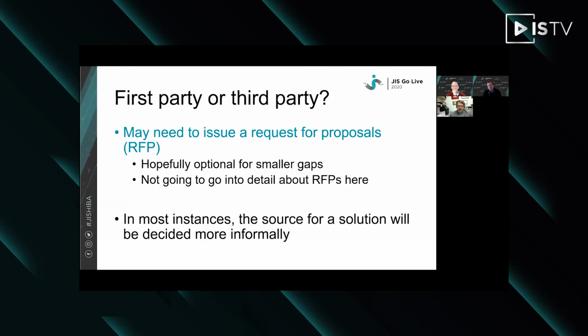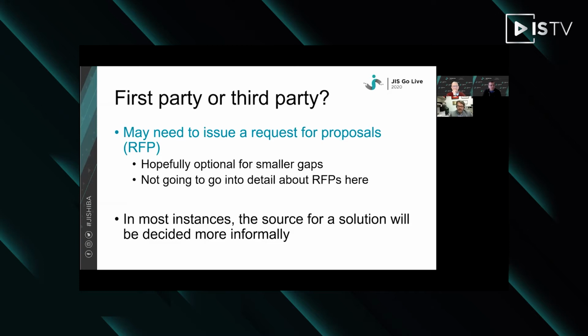So first party or third party, sometimes you have options to use either a first party solution or a third party solution. And the question then becomes, how do you choose which one to use? Well, for many organizations that are highly regulated, or larger organizations that have very proscribed billing or acquisition processes, you may need to actually put in a request for proposal.